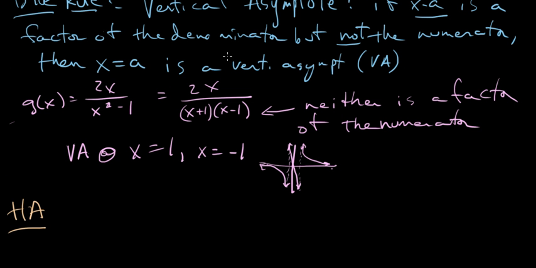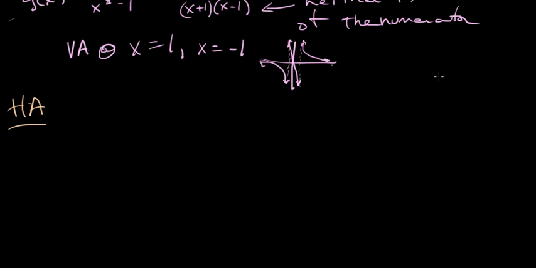Your blue rule for vertical asymptotes says if x minus a is a factor of the denominator but not the numerator, then x equals a is a vertical asymptote. For the horizontal asymptote, the rule is a little bit more complicated. So let's say again, r of x equals p over q. This is my rational function.